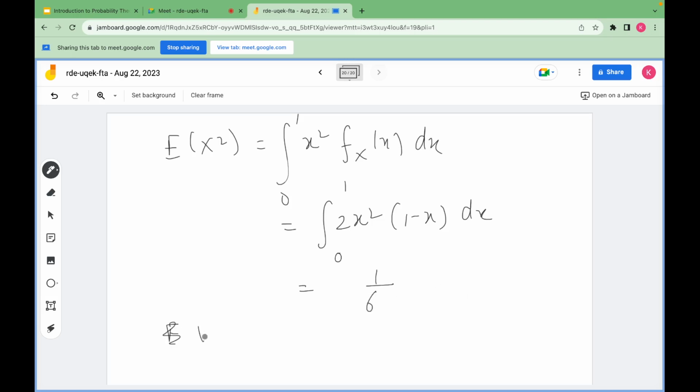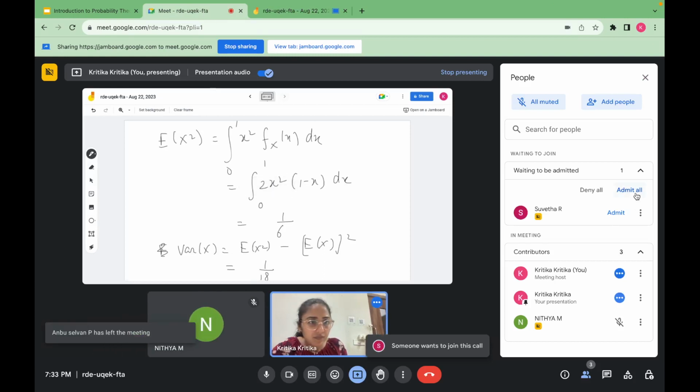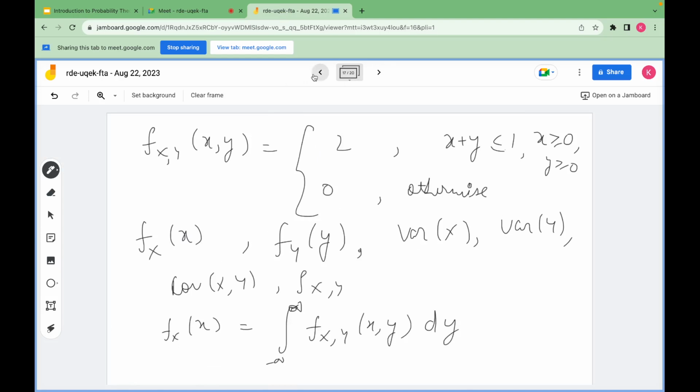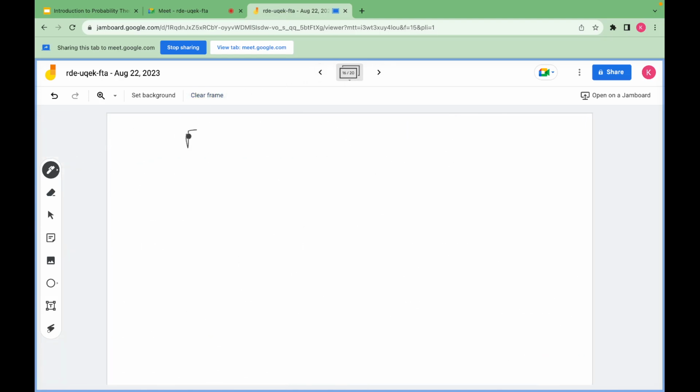So variance of x is expectation of x square minus expectation of x whole square, which comes out to be 1 by 18, and similarly variance of y is also 1 by 18.